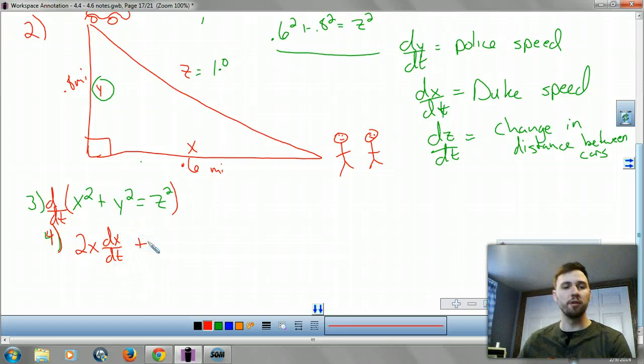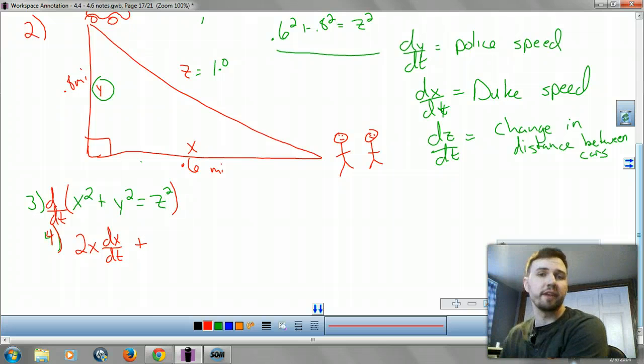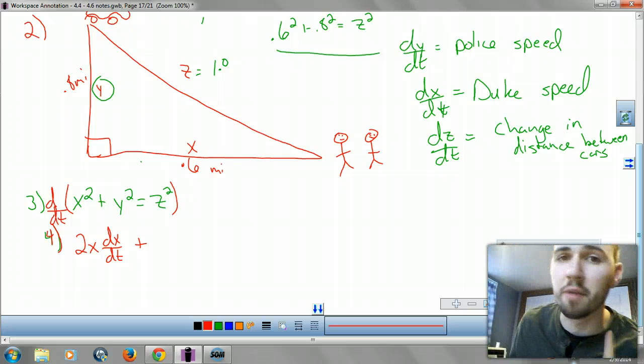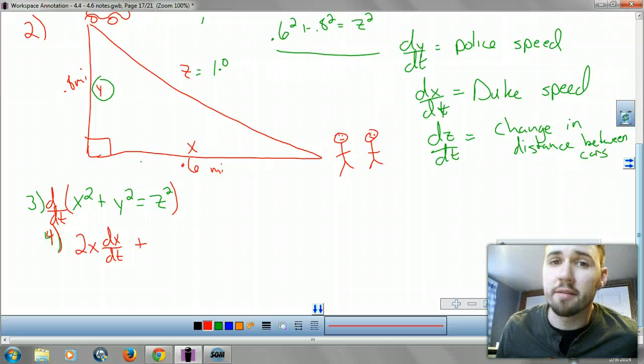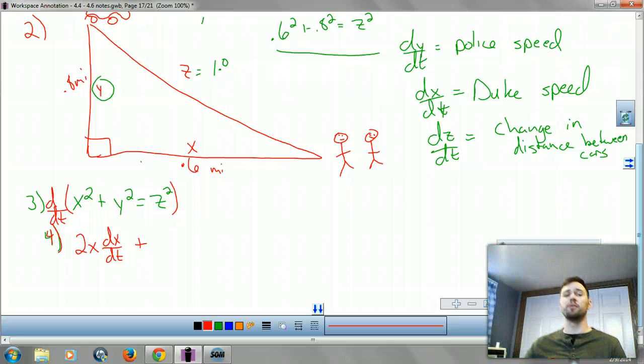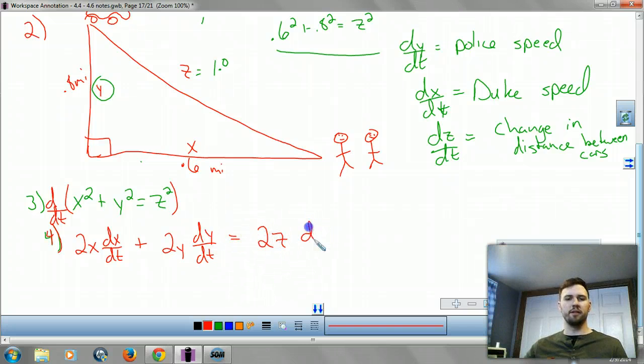You gotta do your chain rule, because you don't know what the derivative of x is in terms of time. It doesn't just become 1. Because before, when we took the derivative of y, we were doing it in terms of x. But now we're taking the derivative in terms of a different variable. You get 2y dy over dt. Then you get 2z dz over dt. Okay?